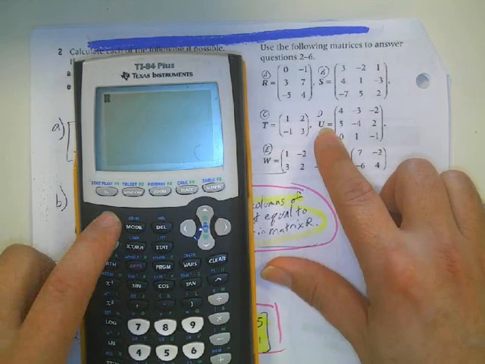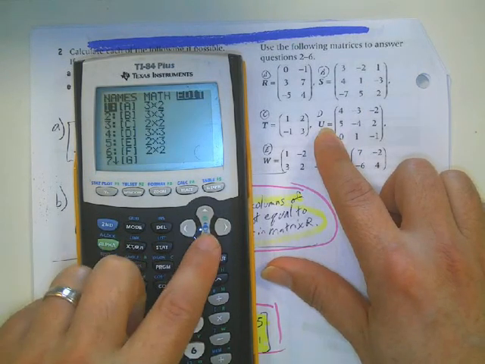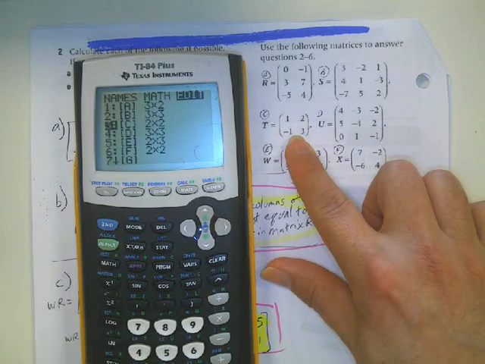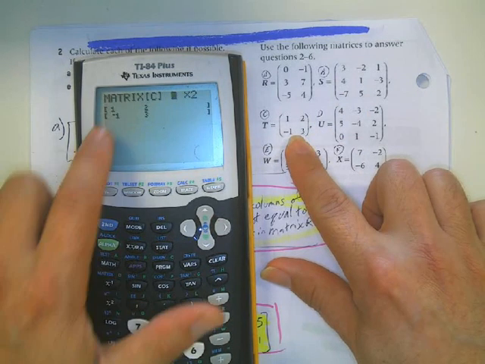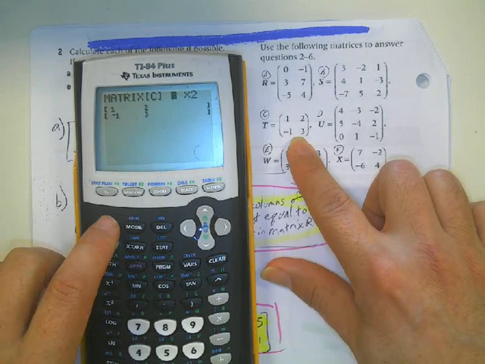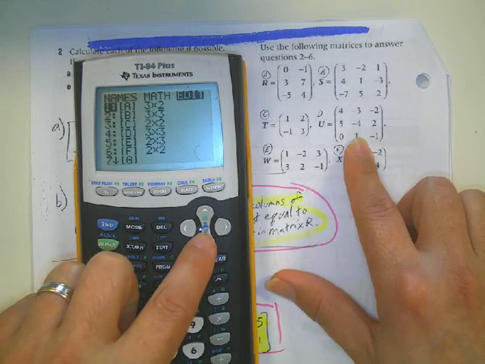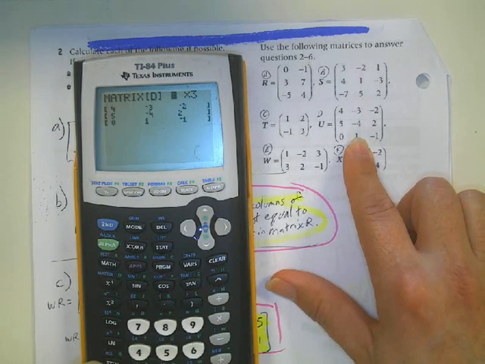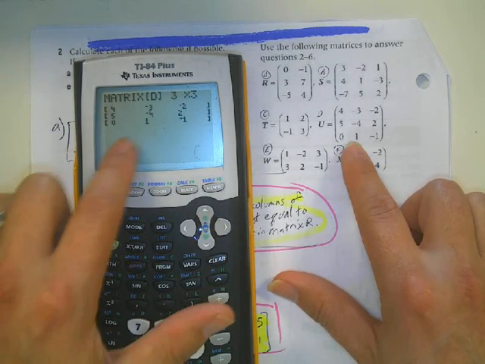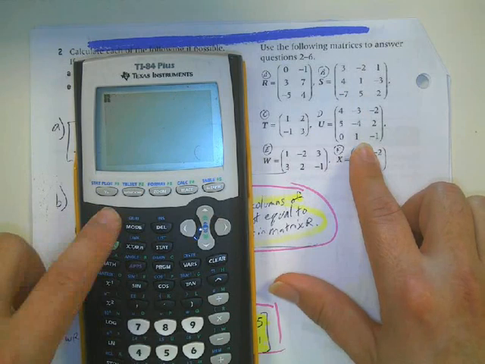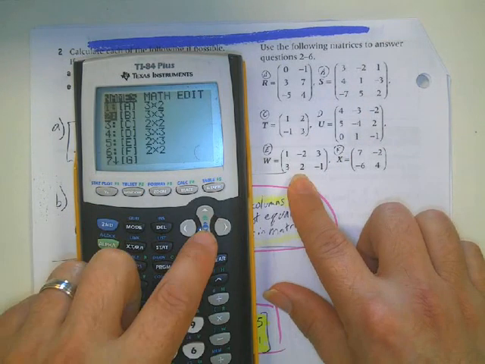All right, let's look at matrix 3. 2 by 2, is that 1, 2, -1? Okay, good, that matches. Matrix 4. 3 by 3. Yes. Matrix E. Oops.